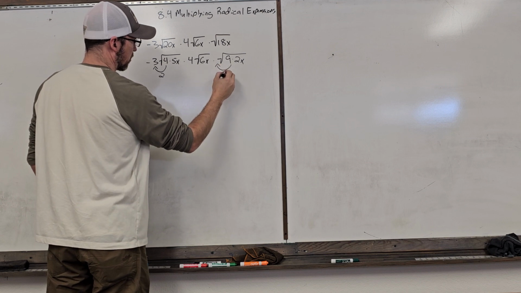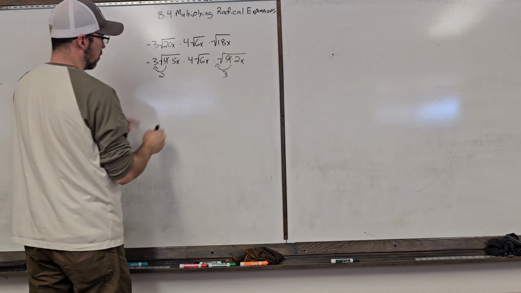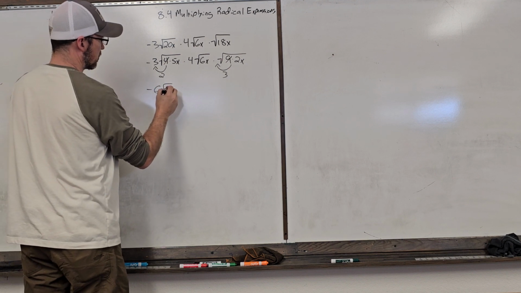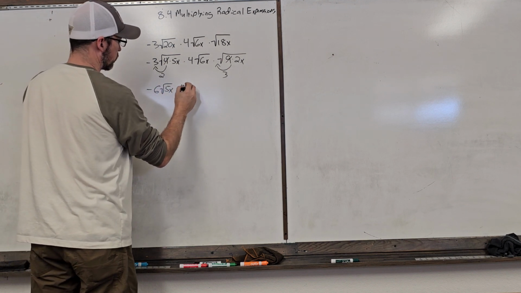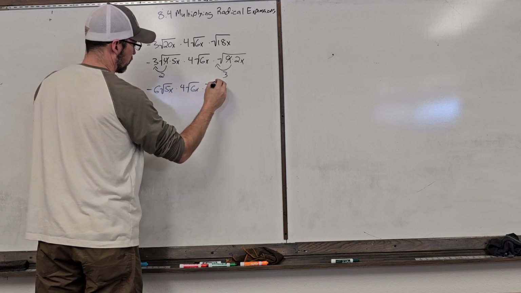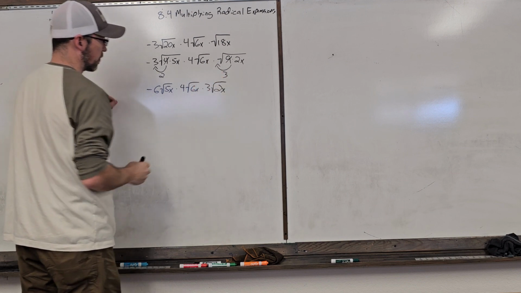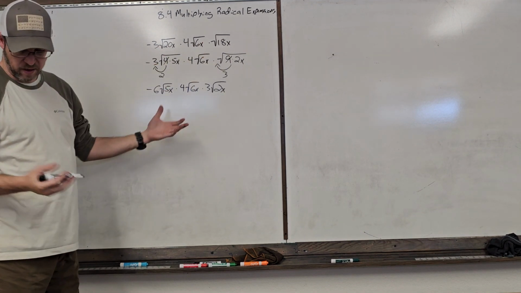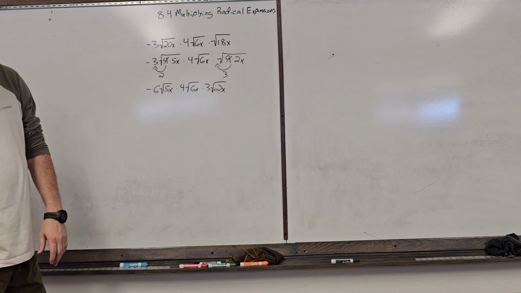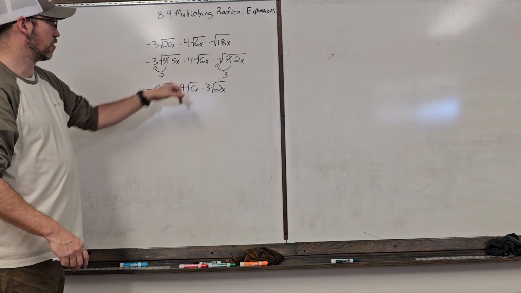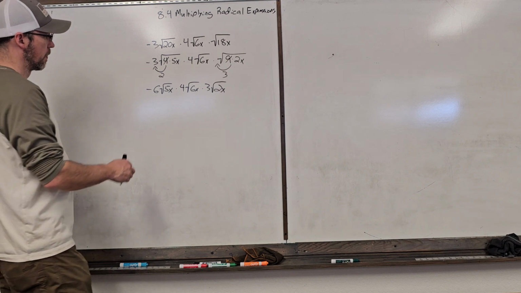This is going to come out as a 3. 2 times negative 3 is negative 6 square roots of 5x times 4 square roots of 6x times 3 square roots of 2x. I could have multiplied 20 times 6 times 18 and I would have gotten 2,160, and then I would have had to reduce that. It's just easier to me to go ahead and do it while they're small.